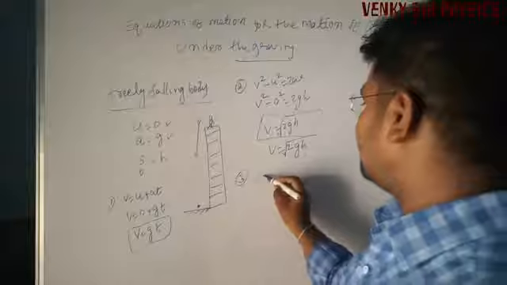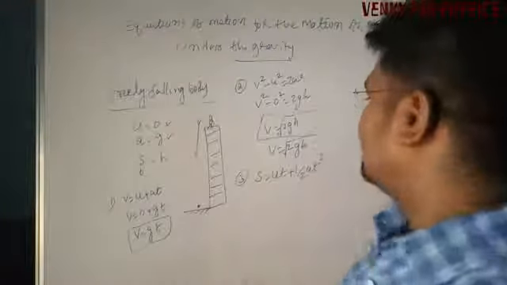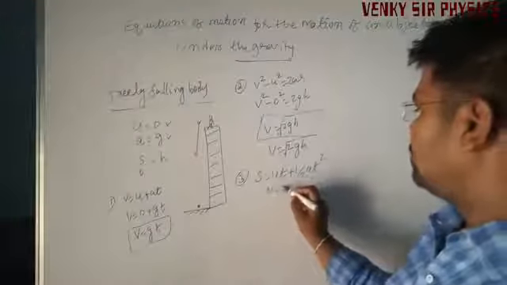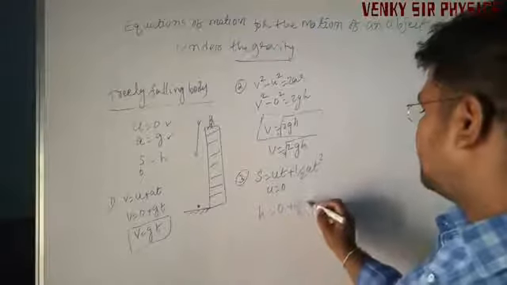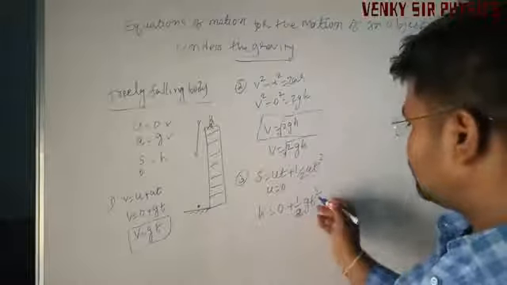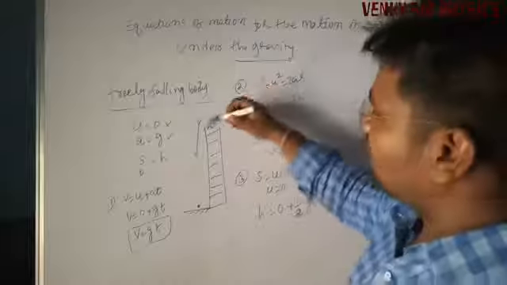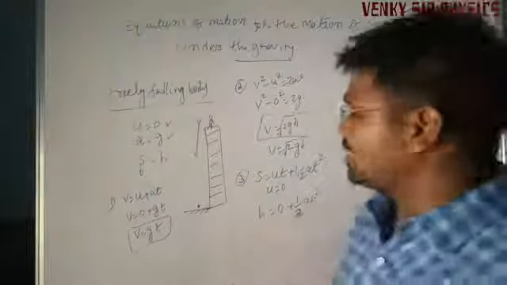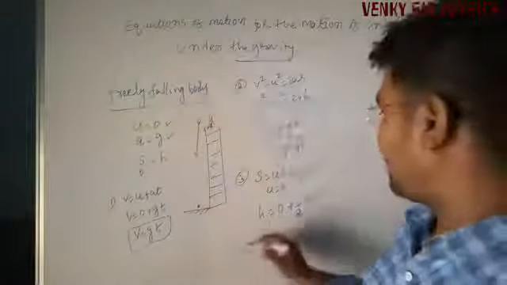And coming to the third one: s is equal to ut plus 1 by 2 at square. The u value is 0, we know that. So h is equal to 0 plus 1 by 2 gt square. From this we have to find the time taken by a particle from the upper point to the lower point.